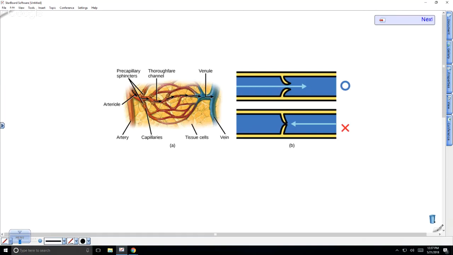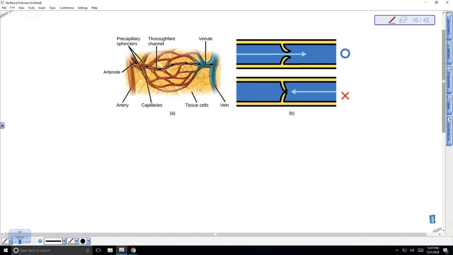So in a closed system, we have to have a mechanism for exchange with the tissues because all of our cells are bathed in fluid. And this fluid is referred to as interstitial fluid. So we need to have what are called capillaries.